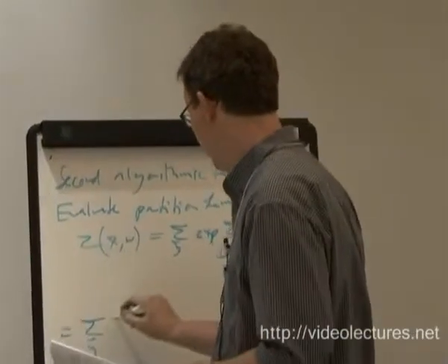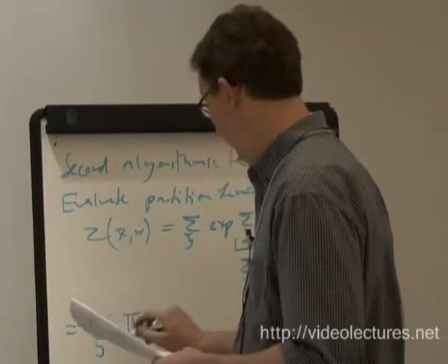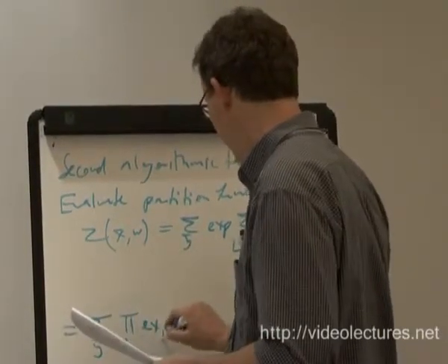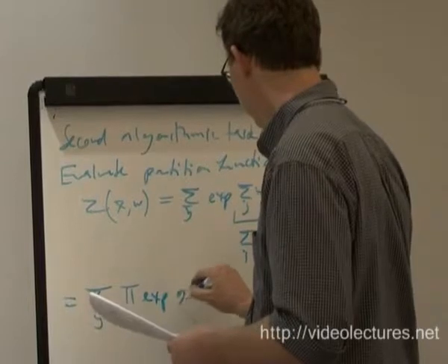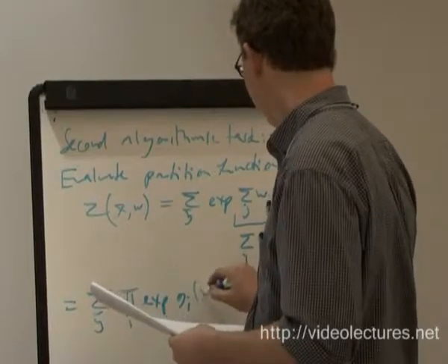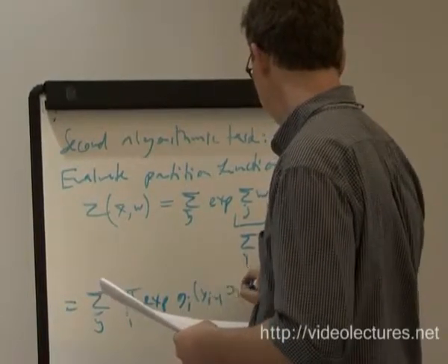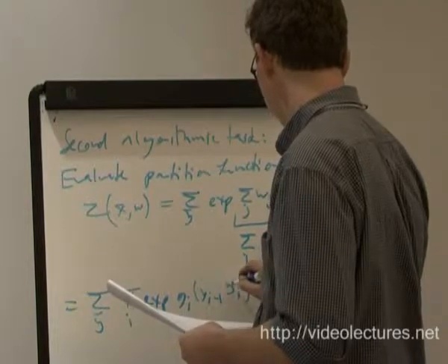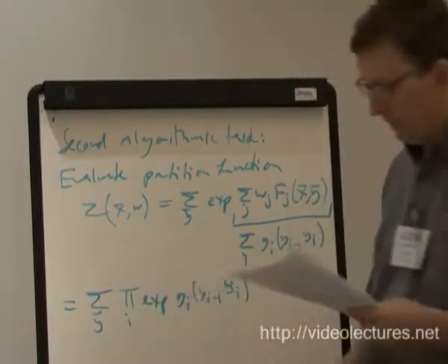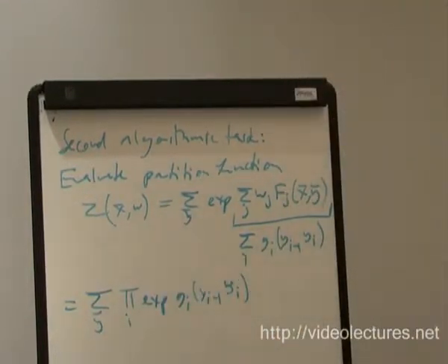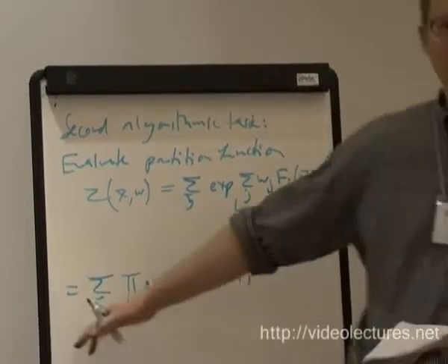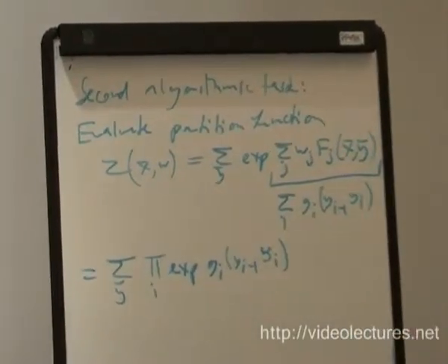So it's the product over i's of the exponential of g_i of y_{i-1}, y_i. So this still looks pretty intractable. It's a sum of products.